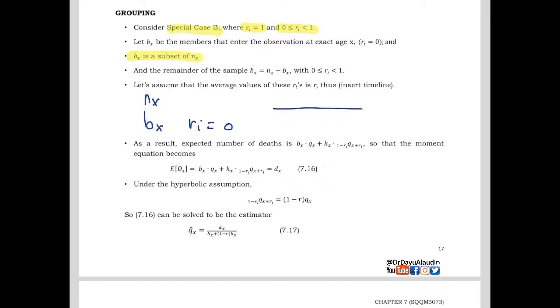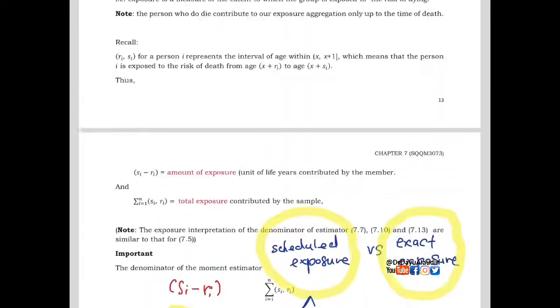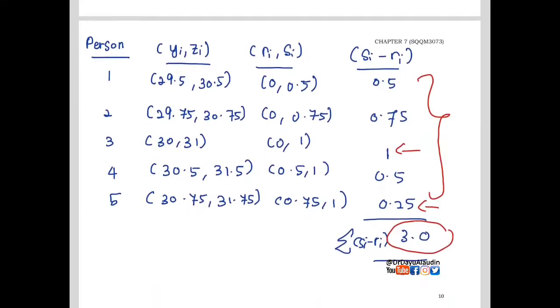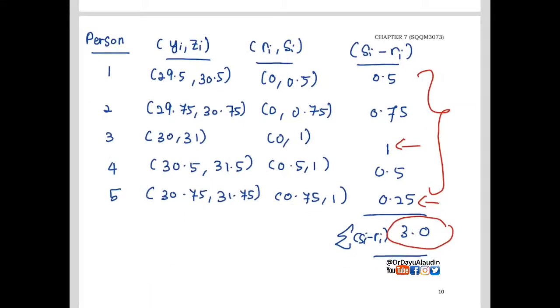Like example 1, if you look at example 1, person 1, 2 and 3, the Ri is equal to 0.